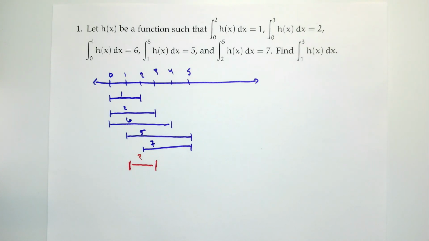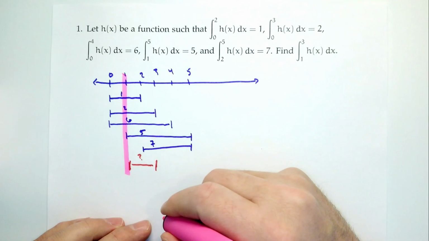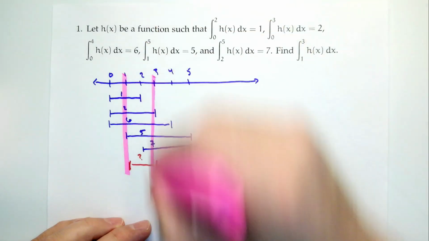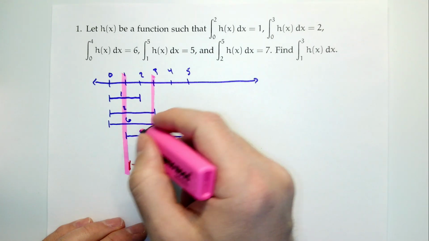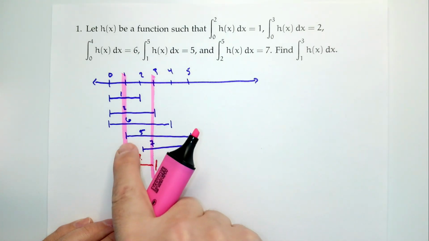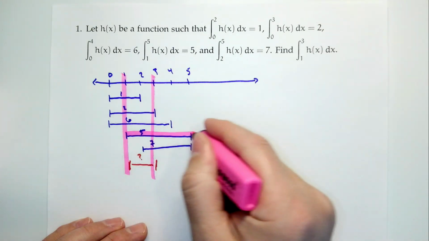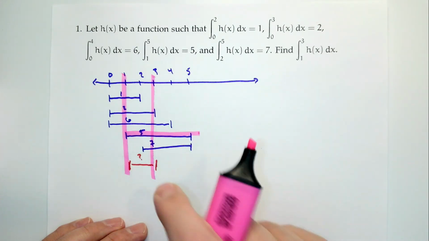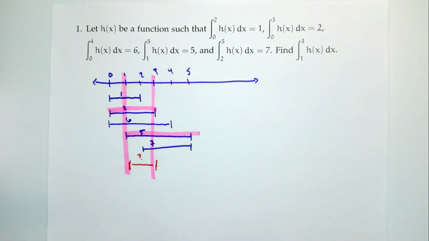Now, in some sense, we can get a notion of what we need, because there are certain things we have to use. Notice we want to start at 1 and end at 3. If we start at 1, the only other place where 1 shows up is in that piece of information there. The only place where 3 shows up is in that piece of information there.